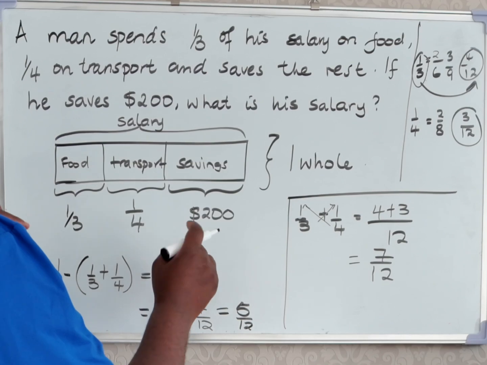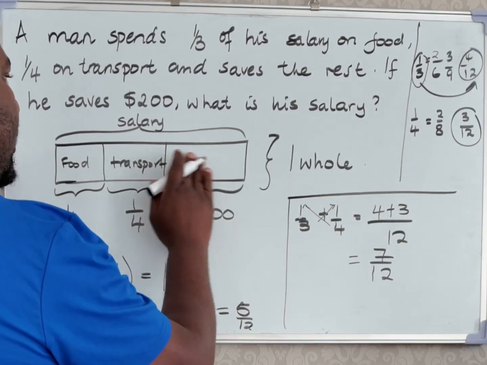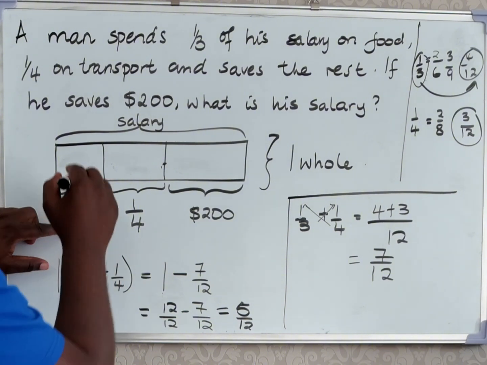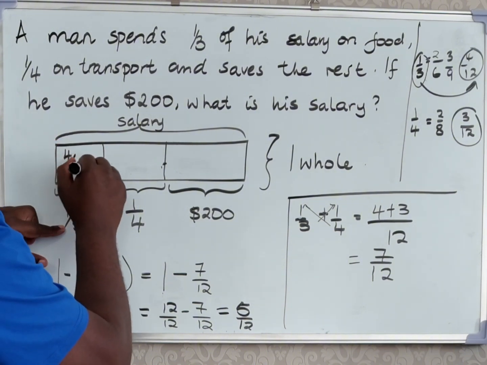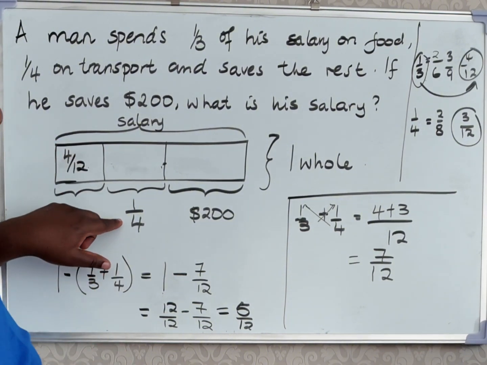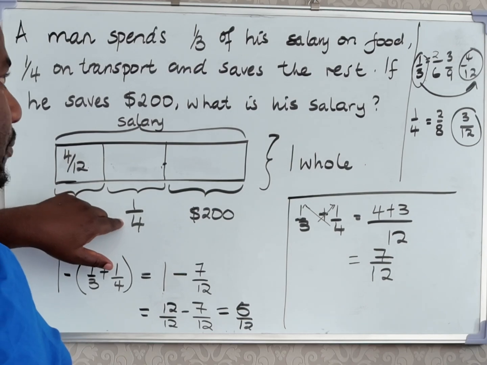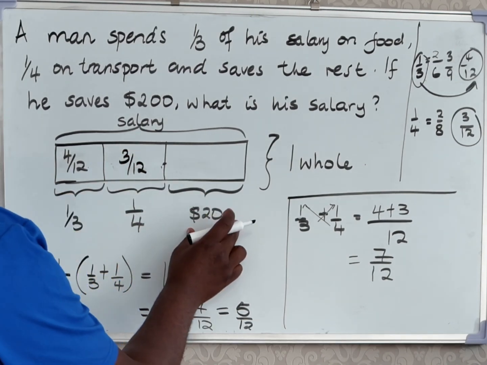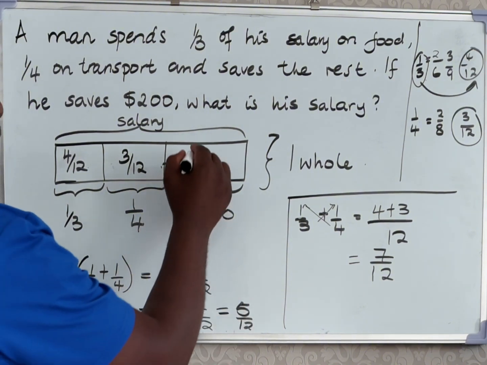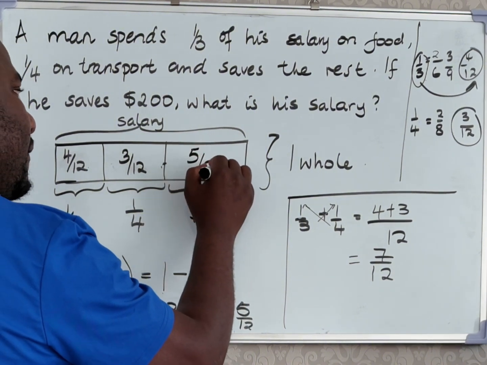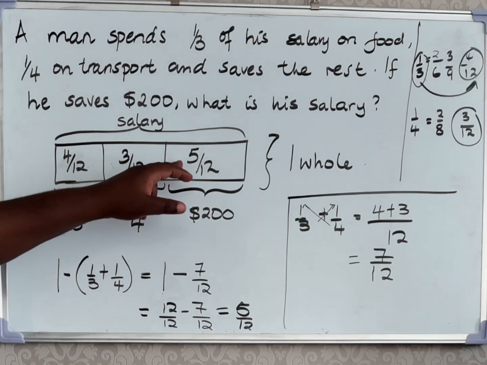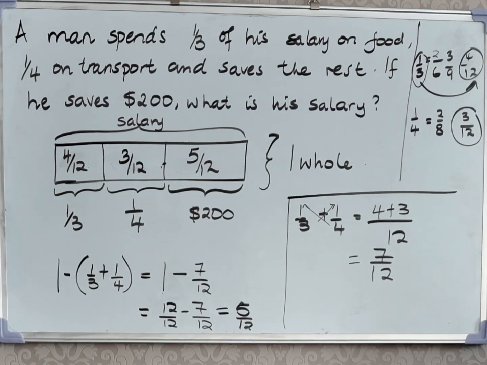So now we can say this is what these parts represent. Food, which is a third, is 4/12, and then transport is equal to 3/12, and then the savings are equal to 5/12.